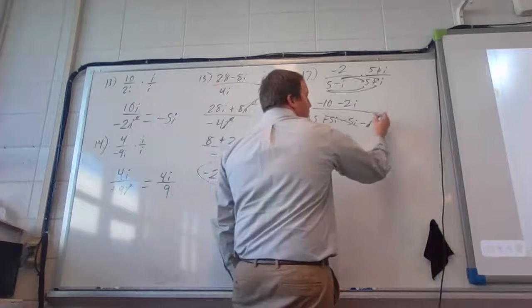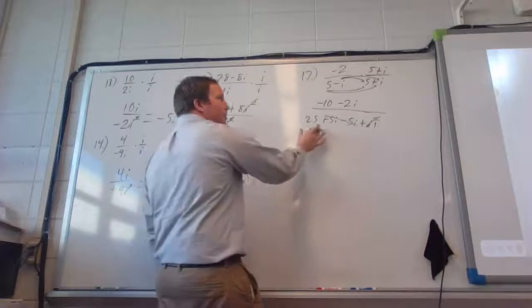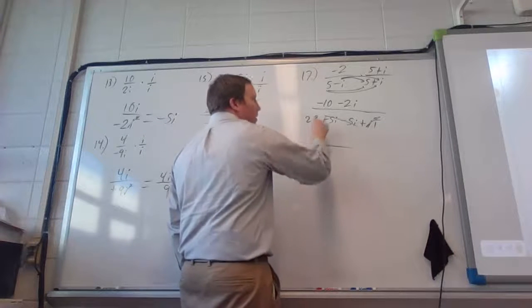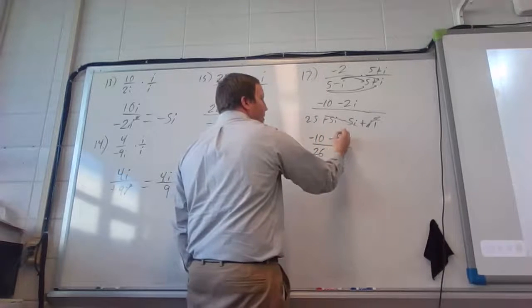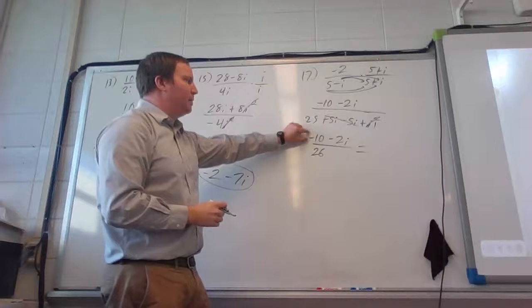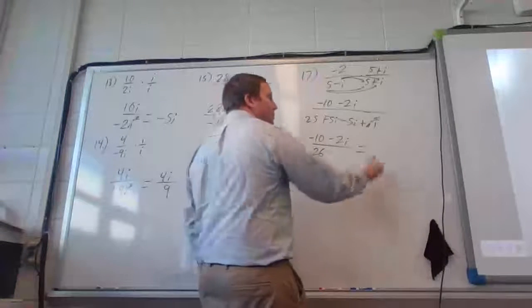Then our i squared again, we can replace with a 1, change the sign. So we're going to get 26 in our denominator and a negative 10 minus 2i. And again, we can still simplify that. 10 and 26 can both be divided by 2.